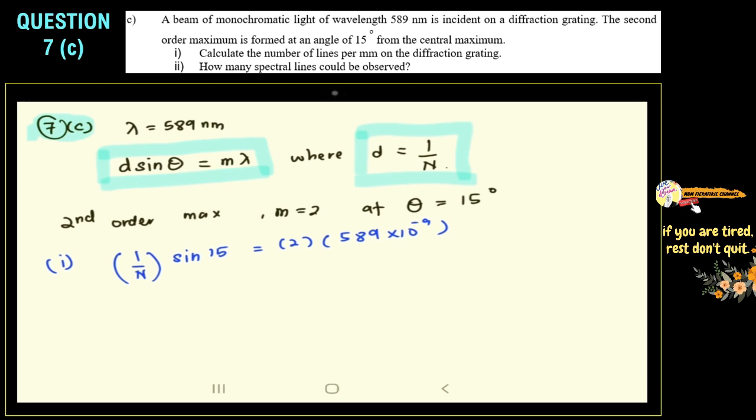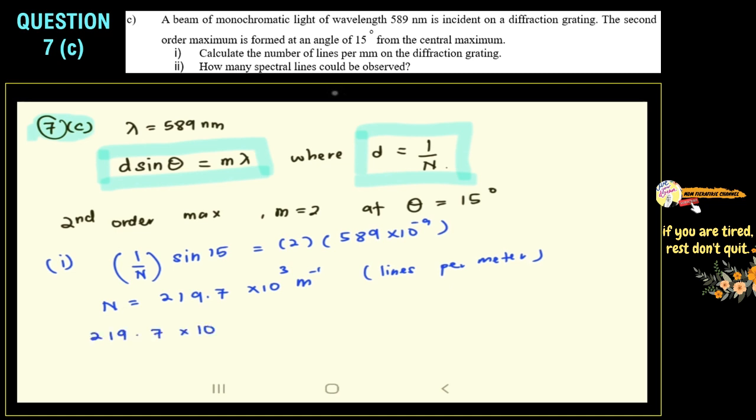Therefore, you can see here the value of n that you will get is in meter, which is n equal to 219.7 exponent 3 per meter. The unit is per meter, or lines per meter. So, the question asks for the number of lines per millimeter, so we need to change it.